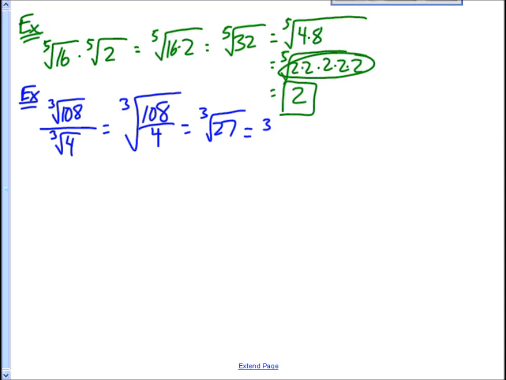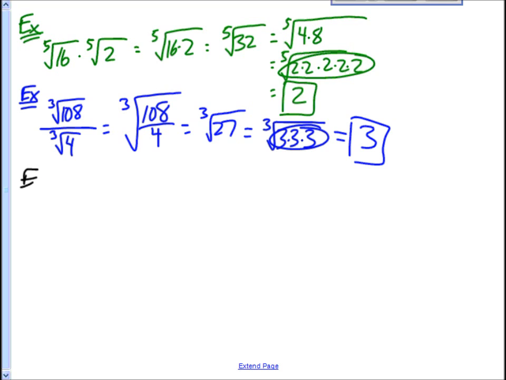Now I'm looking for 3 of a kind, right? So break that 27 into 9 and 3. 9 is 3 and 3. So 3 times 3 times 3 is 27, right? We're looking for 3 of those, aren't we? Third root, looking for 3 of a kind, right? And I have nothing left underneath, so that just ends up being 3. Okay?